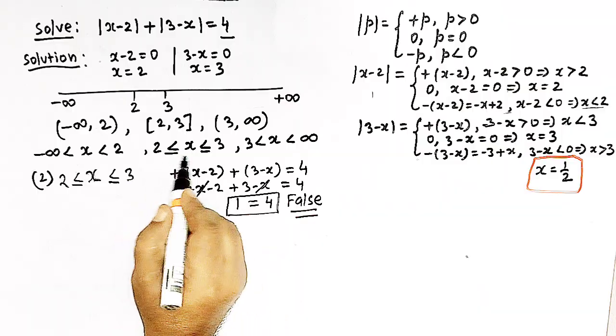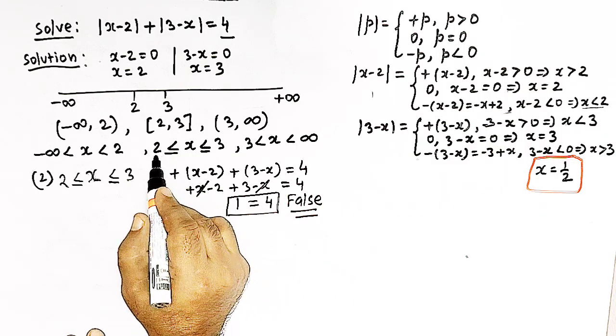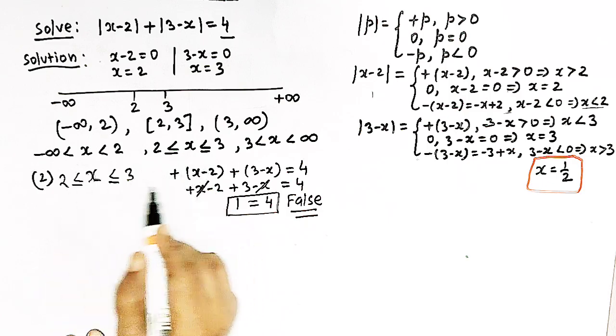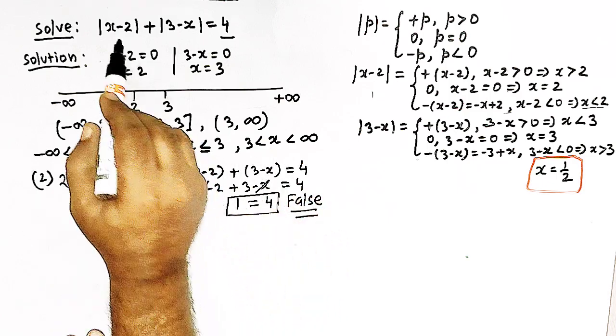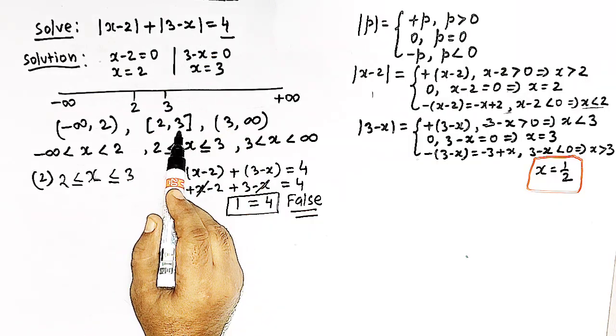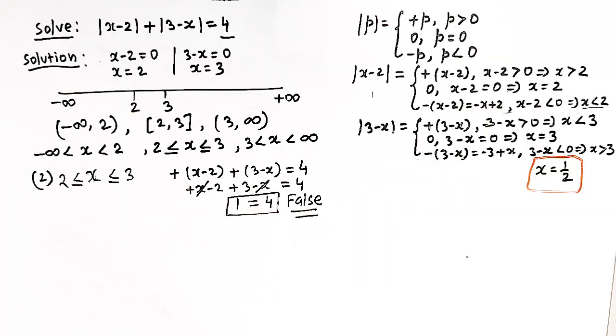So we'll discard this interval, that is no solution exists in this interval, right? So here there is no solution of this equation in this interval, right? So now let us consider the third interval.